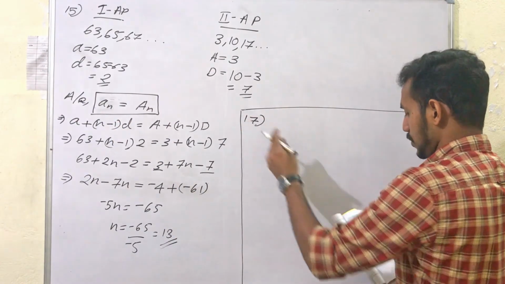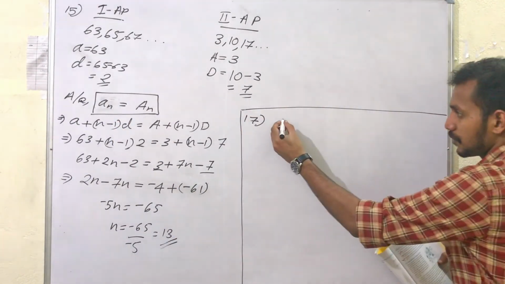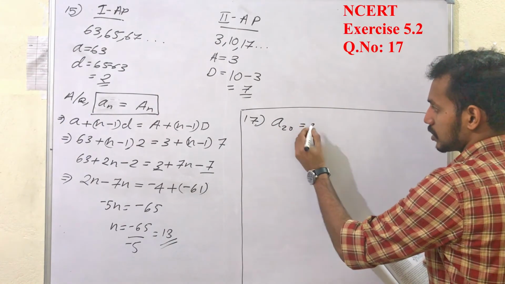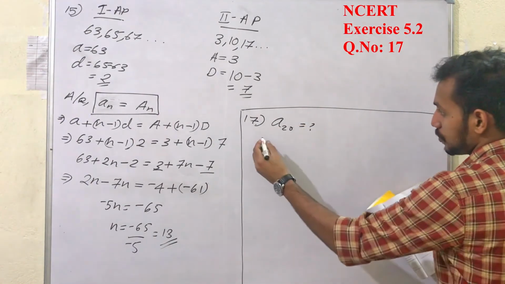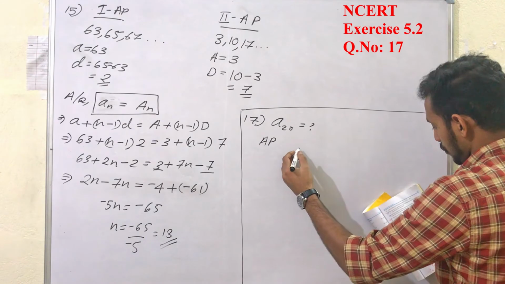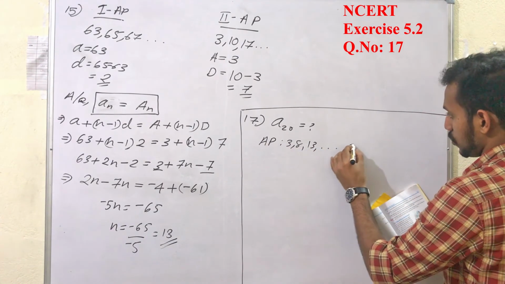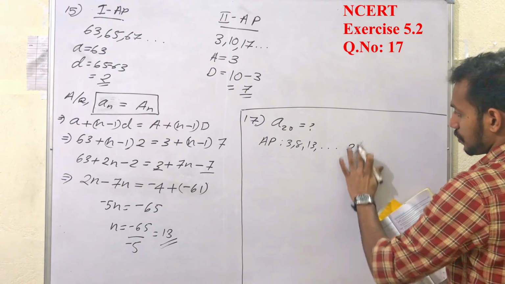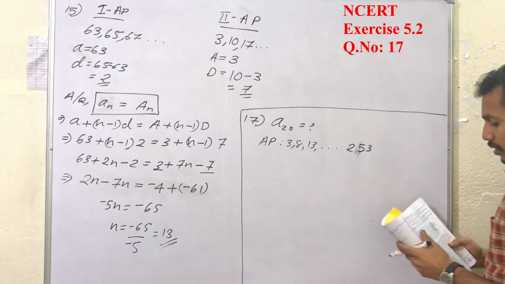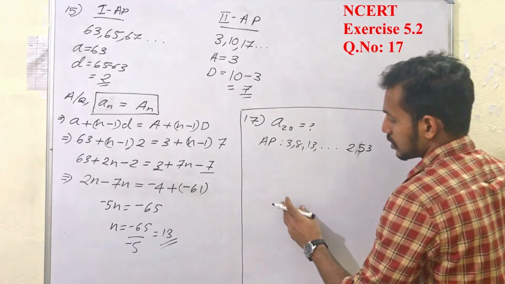Next, question number 17. Find the 20th term from the last term of the AP. The AP is 3, 8, 13, etc., 253. So from the last term we have to find.